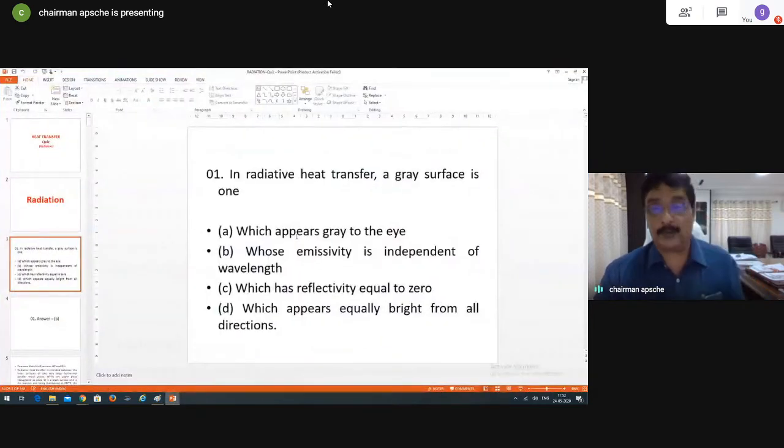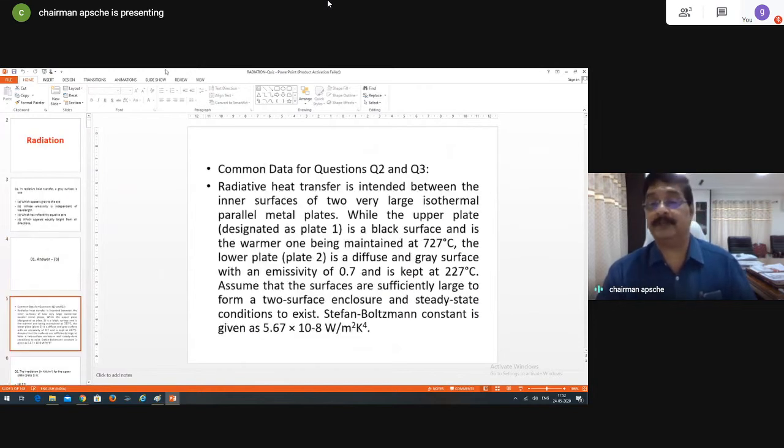So, is the gray surface one which appears gray to our eye? No. Whose emissivity is independent of wavelength, emissivity is constant, just the way I have explained. Which has reflectivity equal to 0? No. We never said for a real surface or gray surface reflectivity is 0. Which appears equally bright from all directions? No. So, emissivity is independent of wavelength. That is the answer.